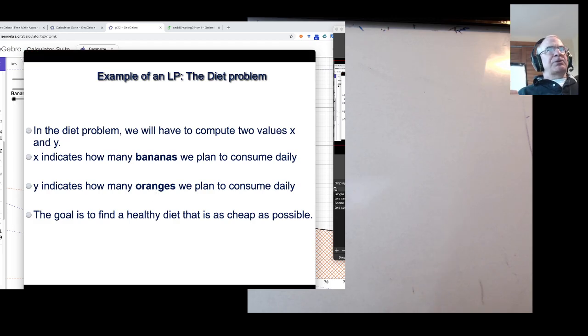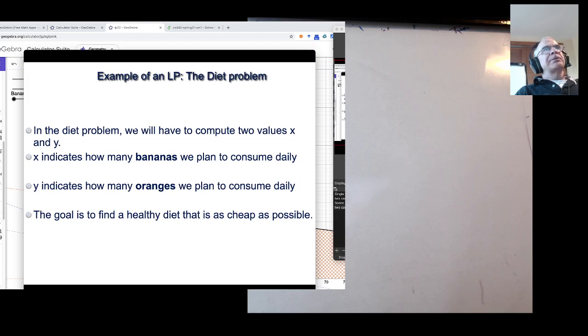I need the inputs that will tell me how much a banana costs and how much an orange costs, and how many units of vitamin A I have in a banana, how many units of vitamin A I have in an orange, how many units of vitamin B I have in an orange and a banana, and so on for a lot of vitamins.